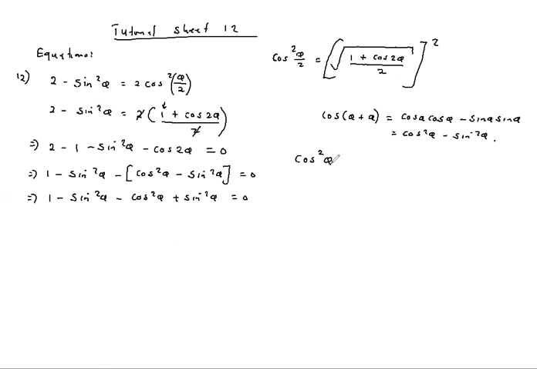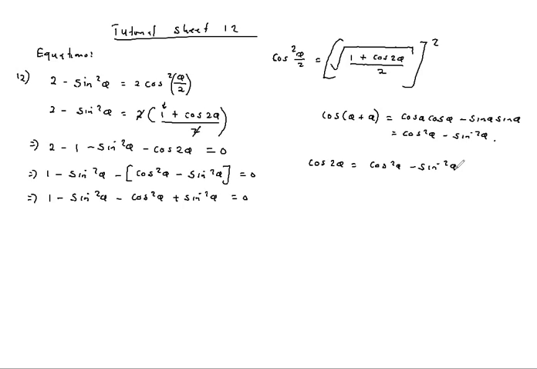Okay, but where does this come from? This comes from cos 2 theta, right? So it comes from this same one, cos squared theta minus sine squared theta.